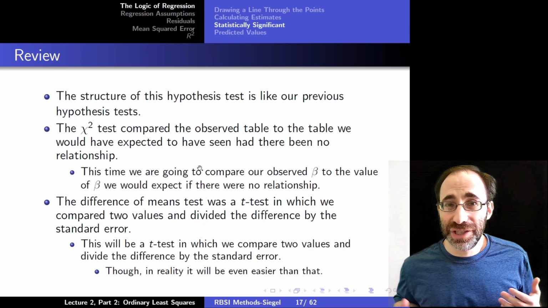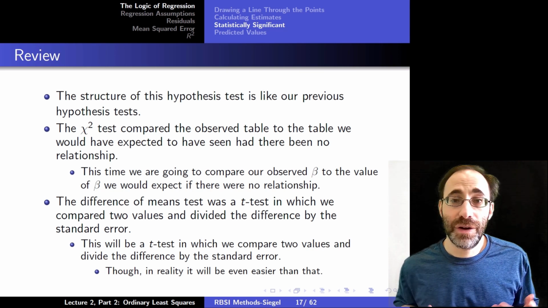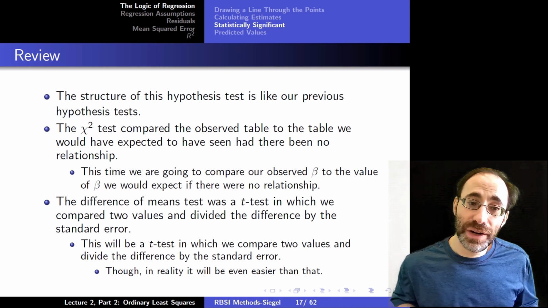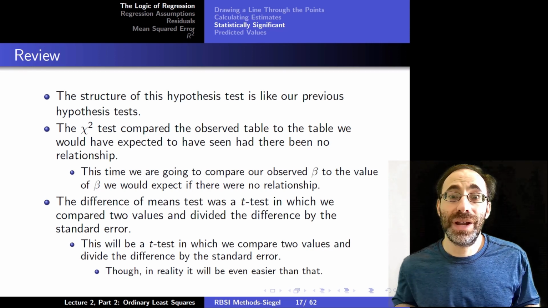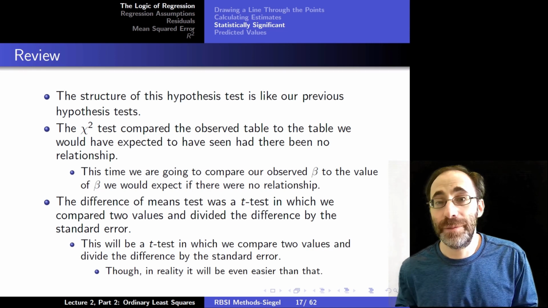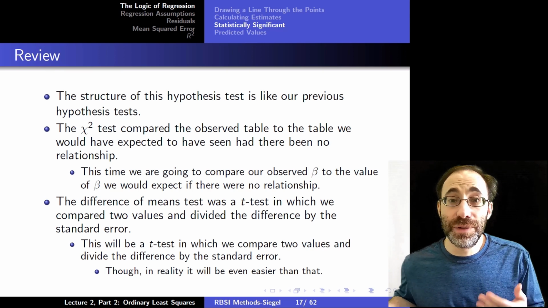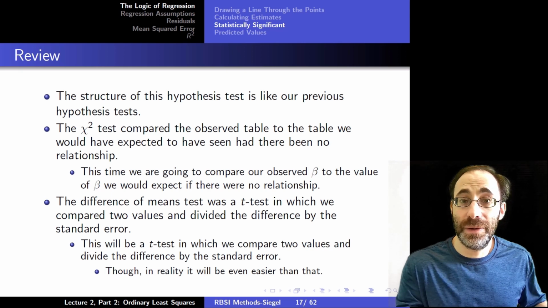And it turns out we're going to do it in much the same way we did before. We're going to form a hypothesis test from our coefficient on x. For the chi-squared test we did before, we compared the observed table we saw to a table we would have expected to see had there been no relationship. Similarly, we're going to compare our observed beta to the value of beta we would have expected to see if there had been no relationship.